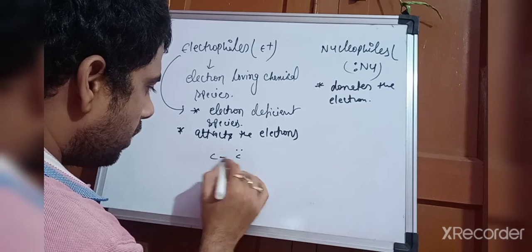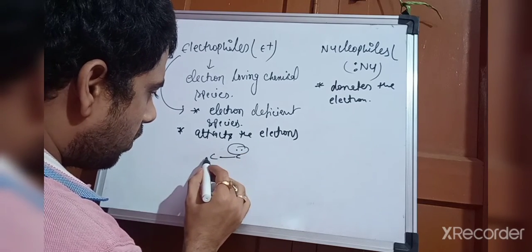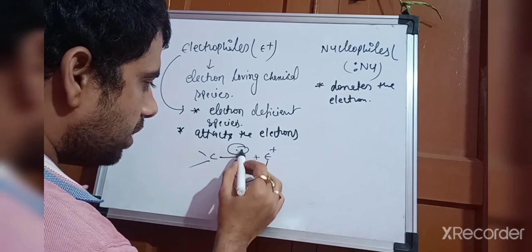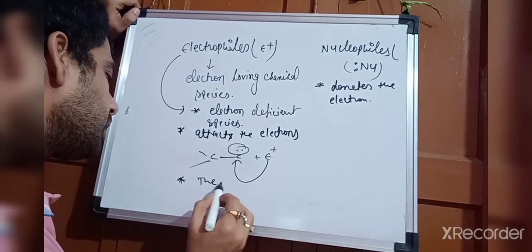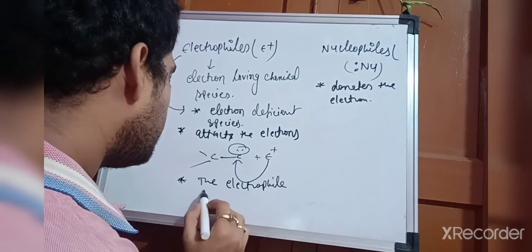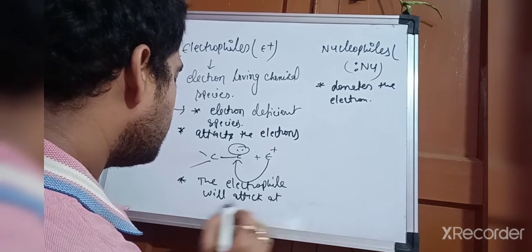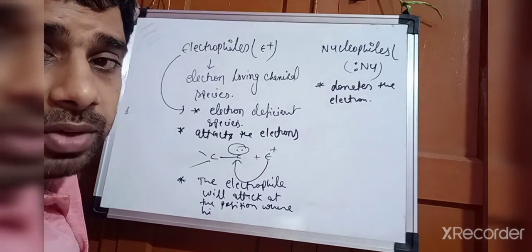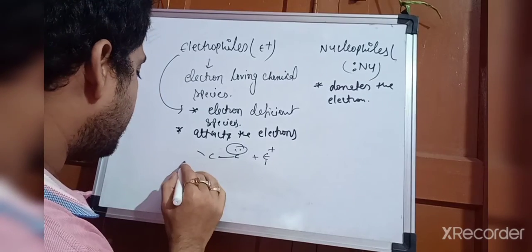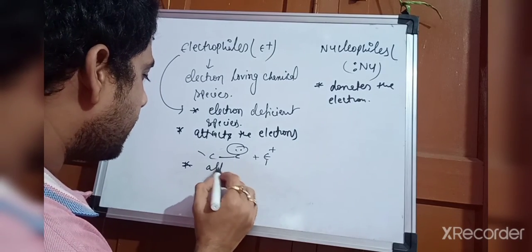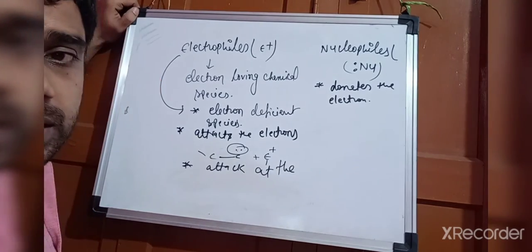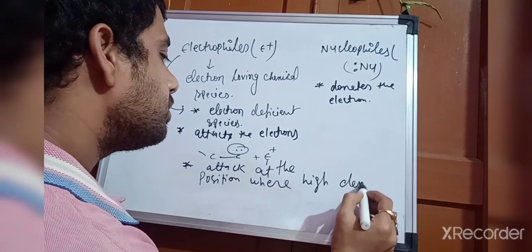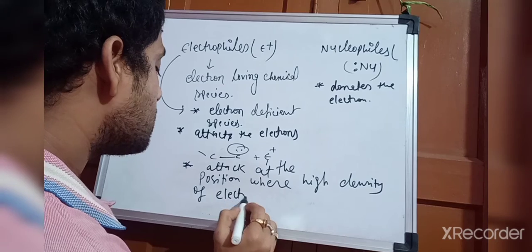If it becomes a single bond, the two electrons are on that one, and E positive will come and attack there. So the electrophile will attack at the position where a high density of electrons is available.